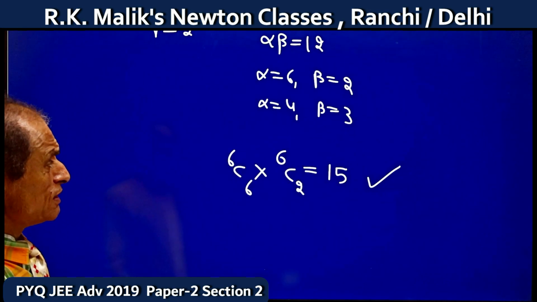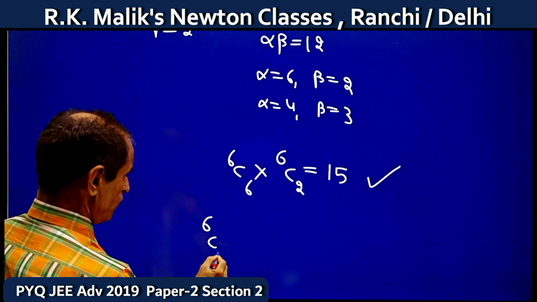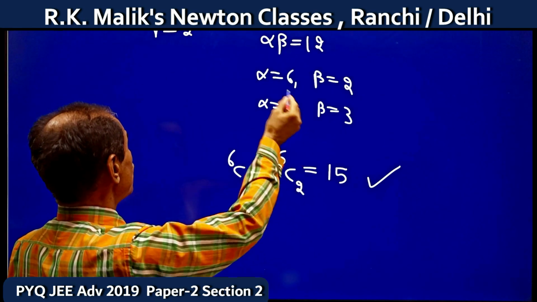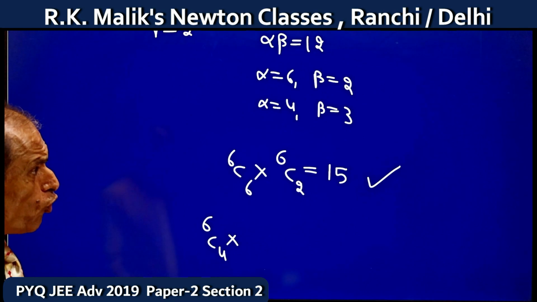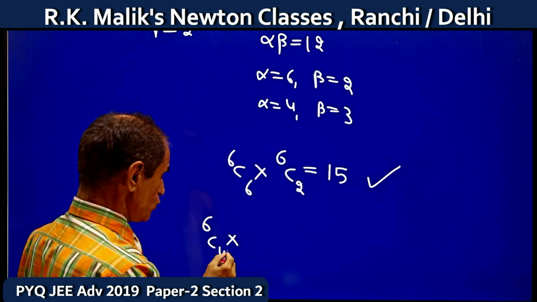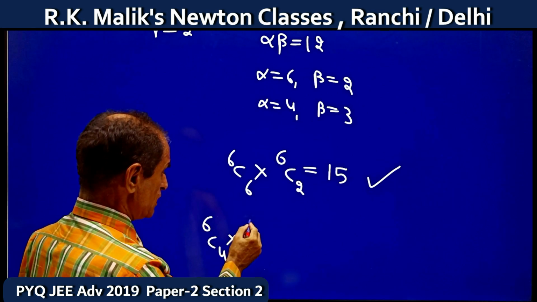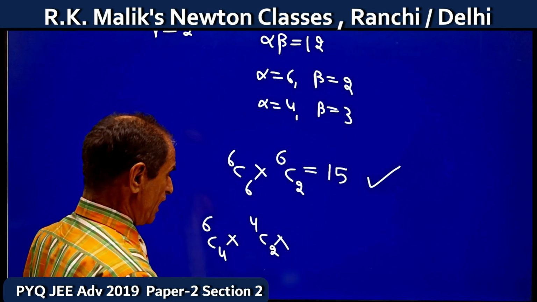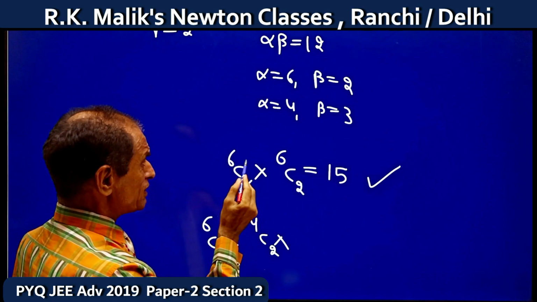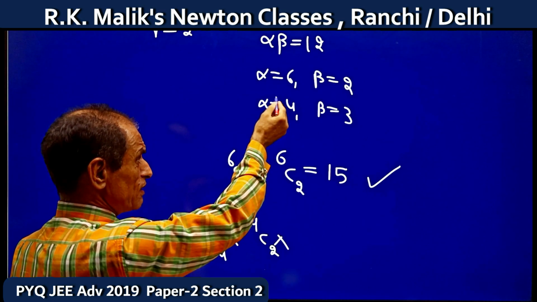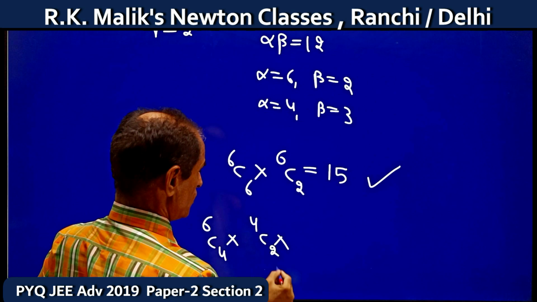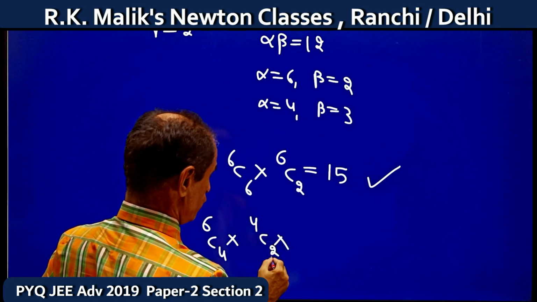Therefore, the number of ways in which the set A can be made is 6C4, into, because B contains 3 elements, out of which 2 are common between A and B, for making the set B I'll be choosing 2 elements from these 4 elements, that is 4C2, and 1 element should be from those 2 elements which are not in A. Note that A is containing 4 elements. Therefore, the number of ways in which the set B can be made is 4C2 into 2C1.